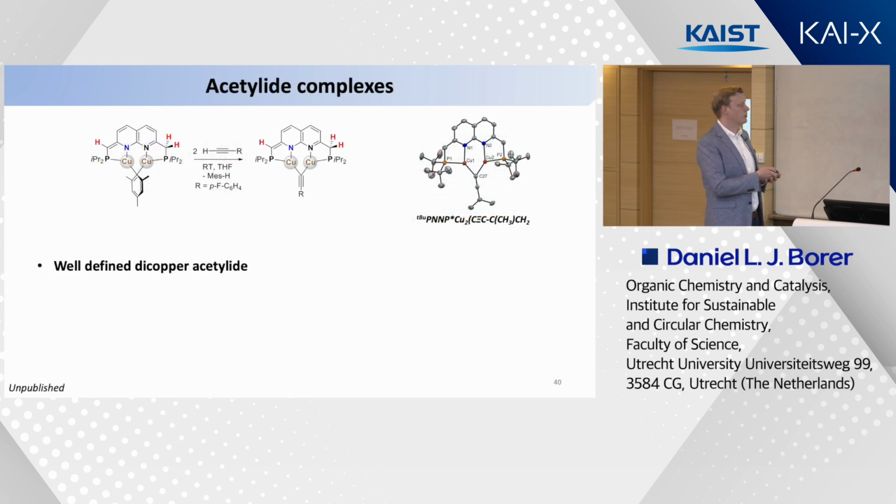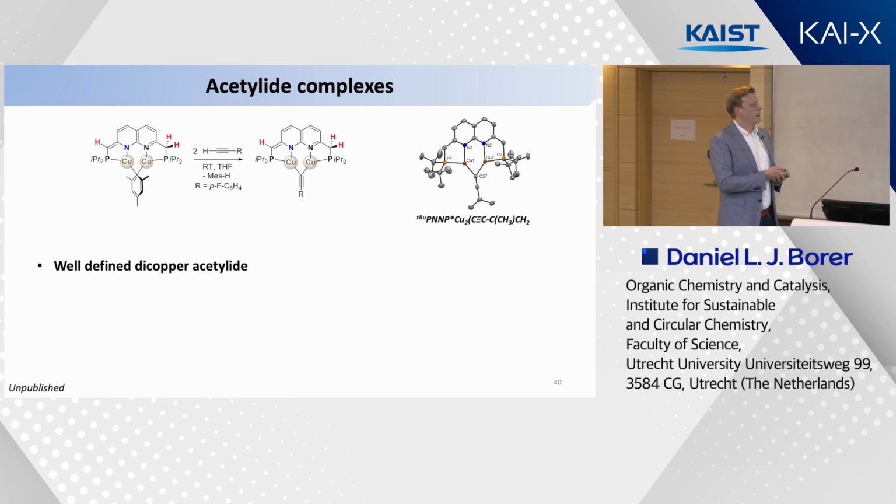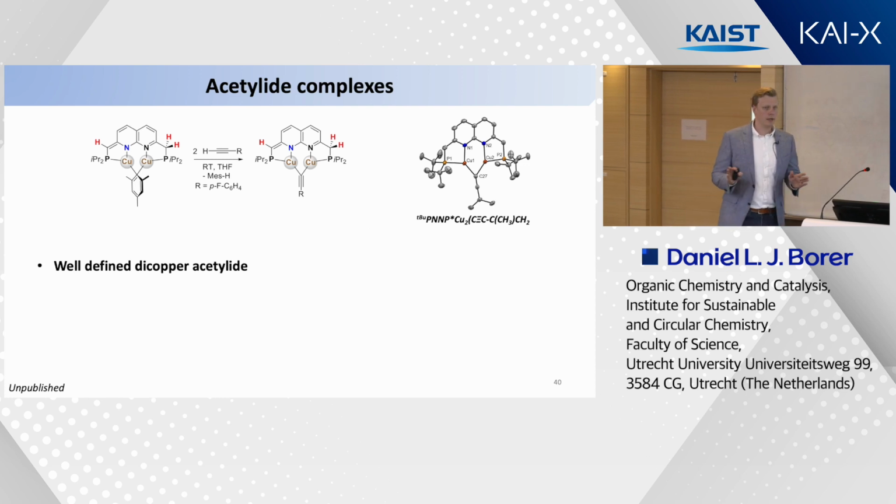So using some mesityl copper complexes that we made before, we can indeed gain access to these well-defined dicopper acetylides. Although we can't crystallize it with the isopropyl groups, if we substitute for tert-butyl groups and we have a slightly different alkyne, we were able to crystallize it and got a solid state structure, and all the NMR data suggests that we indeed have this in solution.